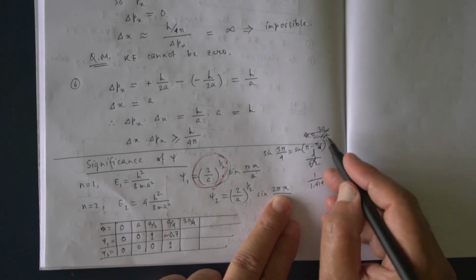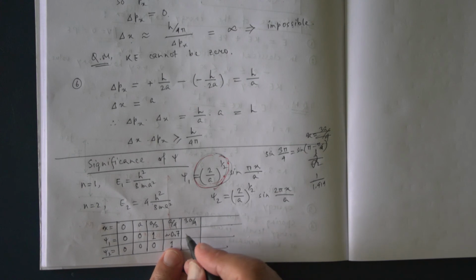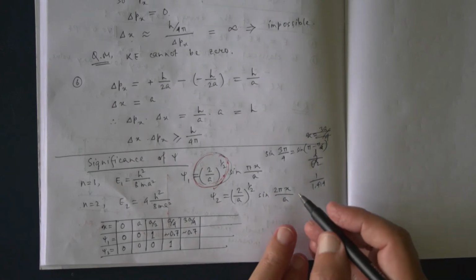In the second quadrant it is positive, so this is once again approximately 0.7.